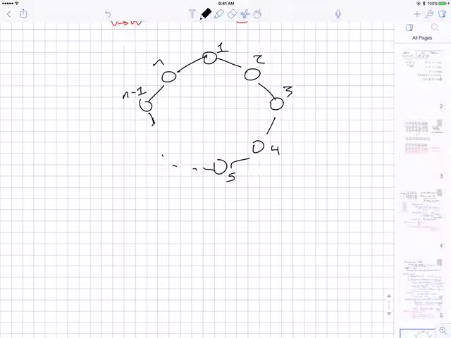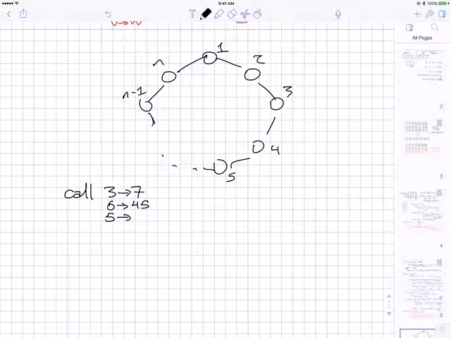And I have a bunch of calls where for each call I have a source node and a destination node. Say I want to send some information from 3 to 7. I want to send some information from 6 to 45. I want to send some information from 5 to 17, and so forth.